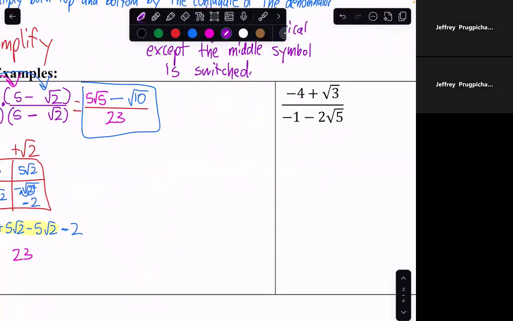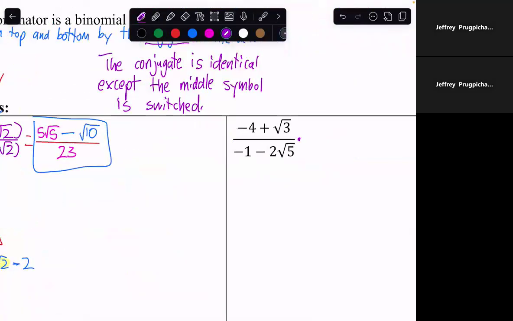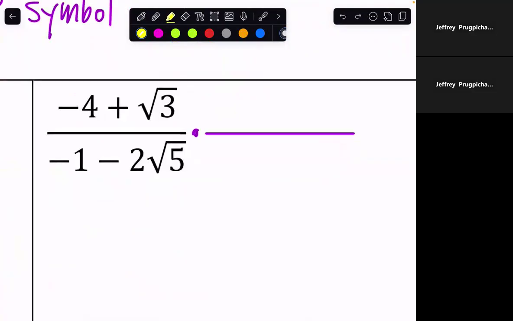Let's do a little bit of this last one together. First, please figure out what we are going to multiply the denominator by. It should be the conjugate of the denominator.